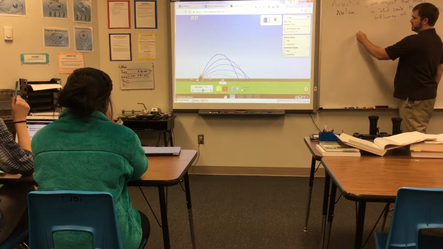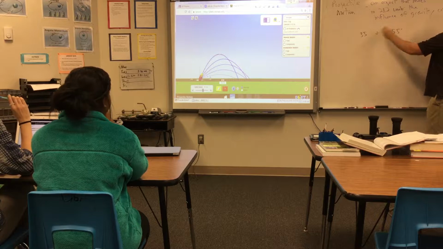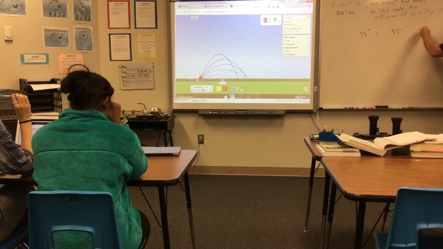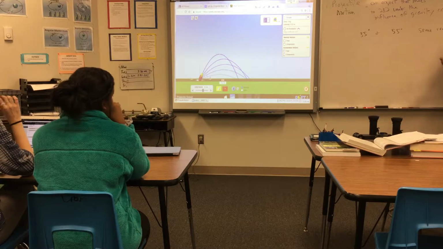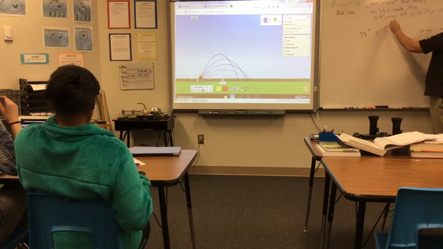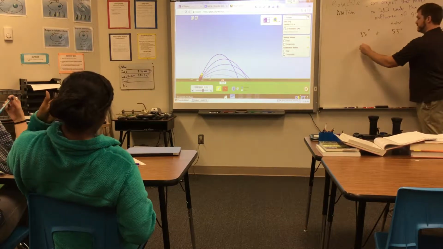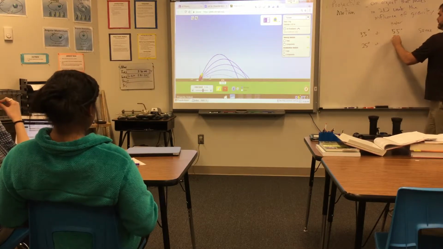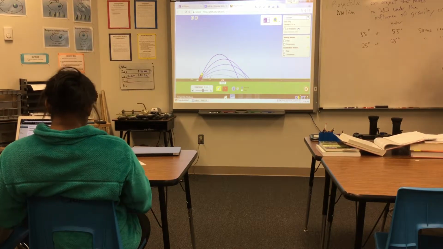The 35 and the 55 degree angle both had the same range. But obviously they had different height. This one was higher. What was that other pair that we just did? 25 and 65. Same range, but this one was higher.